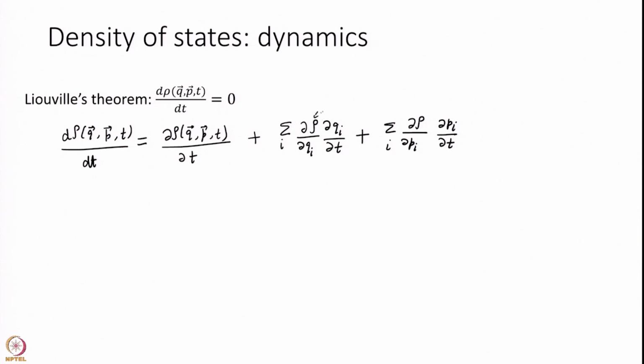Here I have dropped the brackets just for notation ease, but at all points the rho is the same as rho of q comma p comma t.